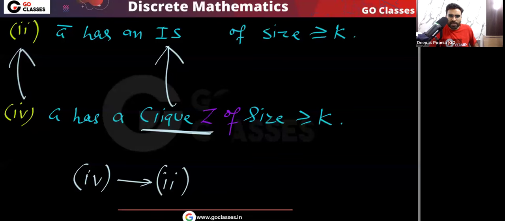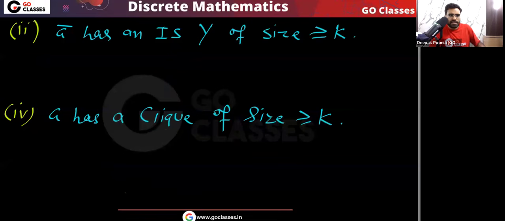What about the second statement implying the fourth statement? Can I say the second statement will imply the fourth statement? Yes. How?